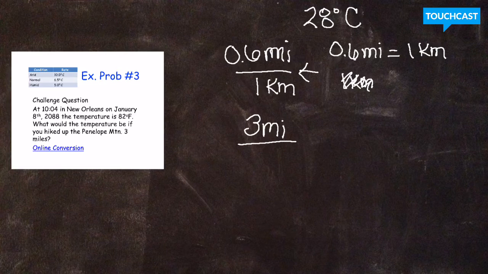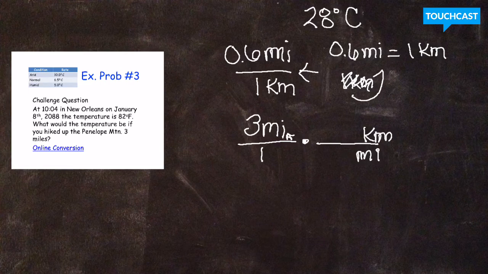So we have 3 miles over 1. That's what we're starting with. Well, we want to get rid of the word miles. So in our conversion factors, we want miles to be on the bottom. So we go up here to our handy dandy conversion that we have, and we're going to put miles on the bottom. So there's 0.6 miles in 1 kilometer.